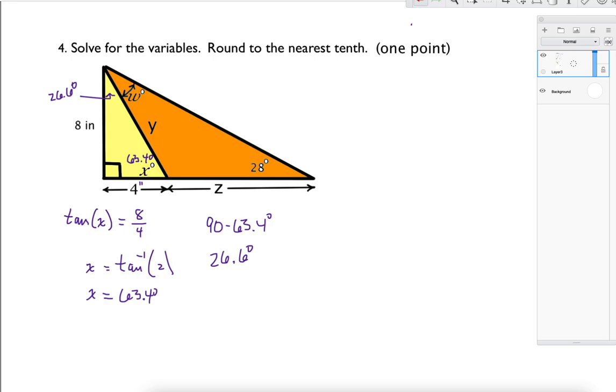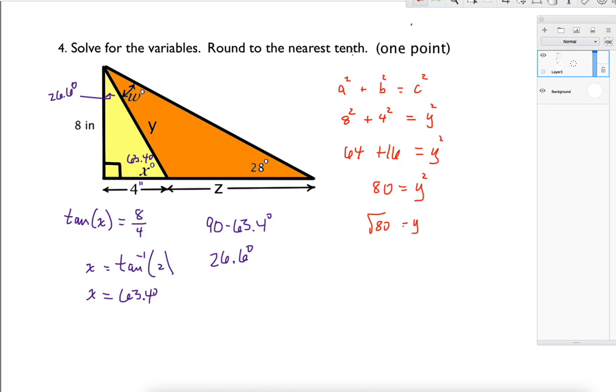Okay, let's find y. How about we just use Pythagorean theorem here? We got a squared plus b squared equals c squared. We got our legs of 8 and 4, and y is our c variable. 64 plus 16. And let's add those together. That's 80. I'm going to take the square root of 80.